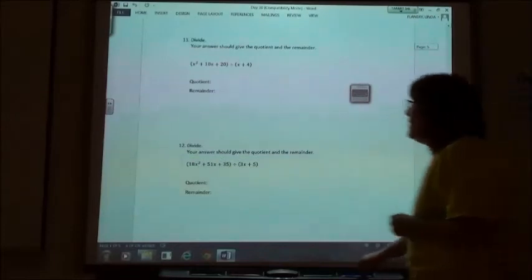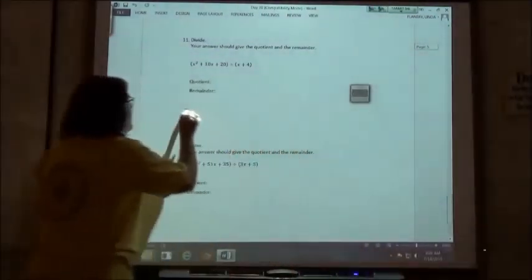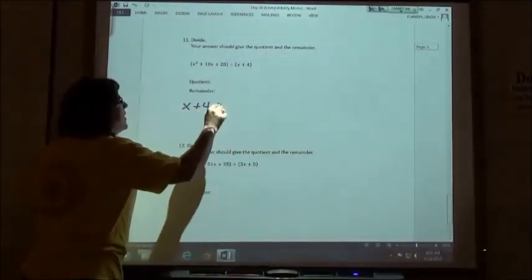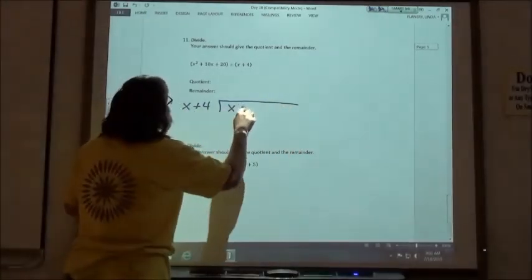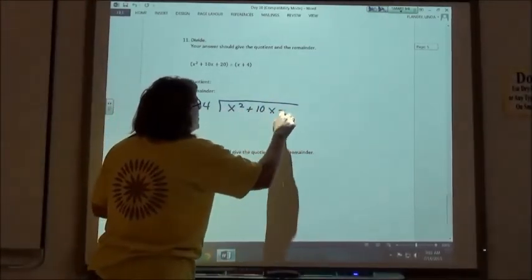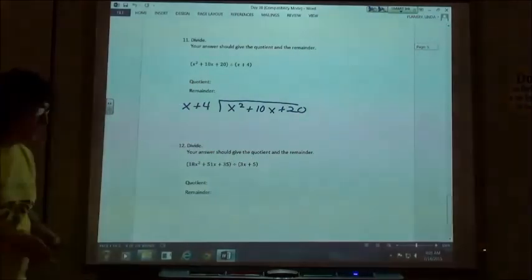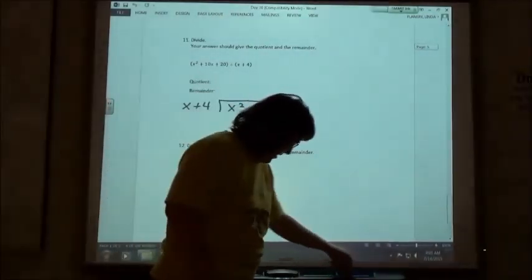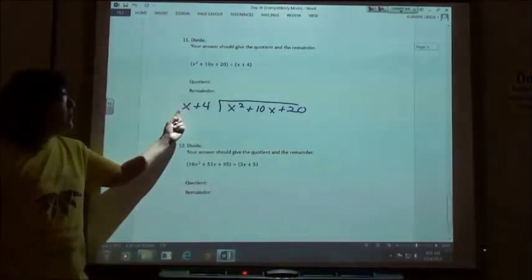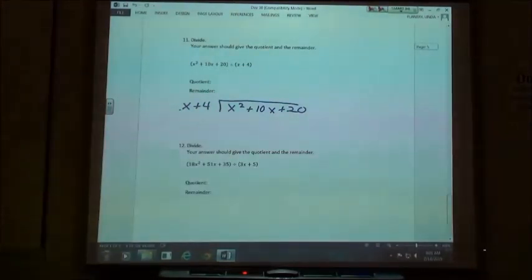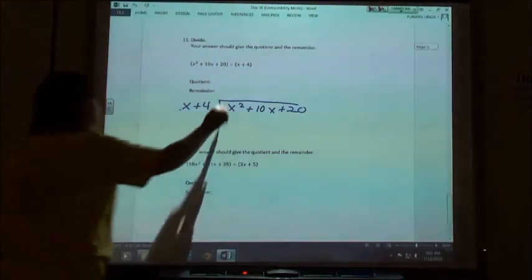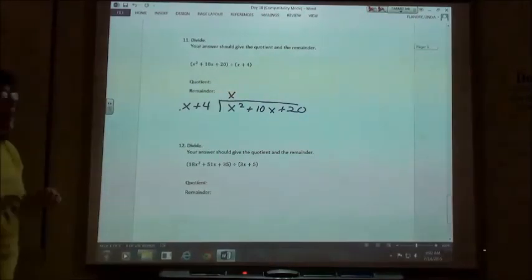So number 11, we are going to take x plus 4 and divide it into x squared plus 10x plus 20. So what times our x would give us an x squared? Just a plain x. We're then going to multiply that out.